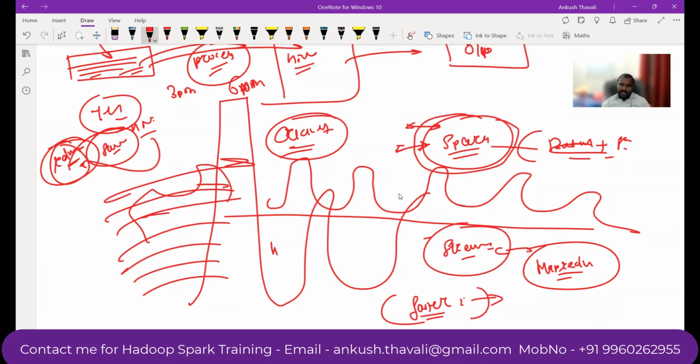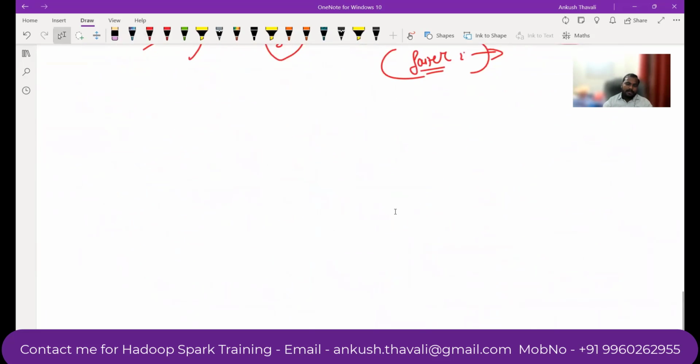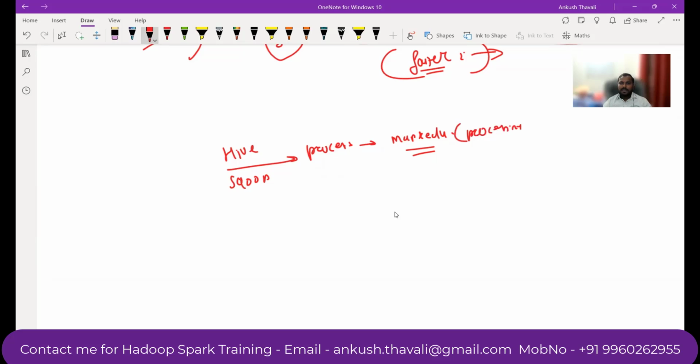Whenever you are running any job with Hive or Sqoop, that will be processed with the help of MapReduce. Now, what is this MapReduce? Obviously there will be a question in your mind. It's a processing engine. But the problem with MapReduce is it is very slow because it performs all the operations at disk level.